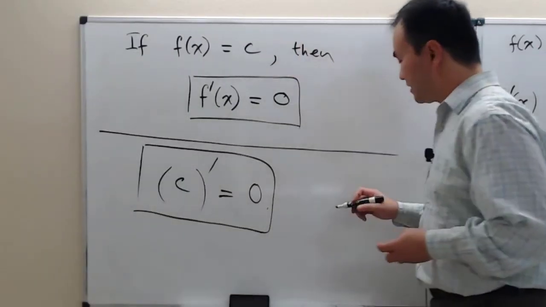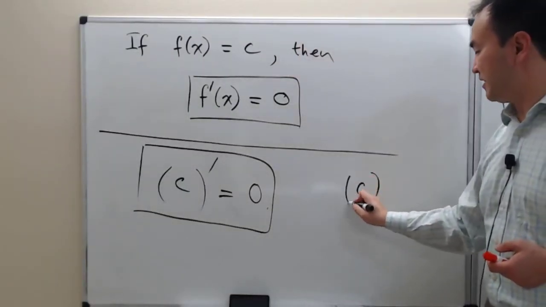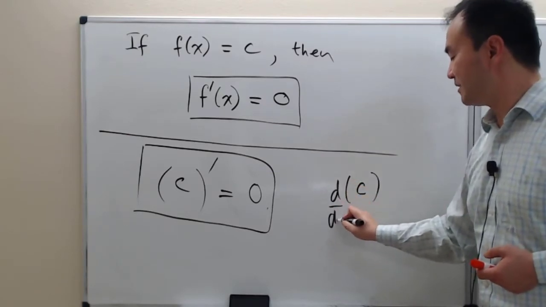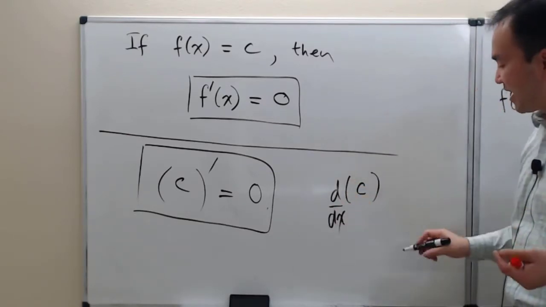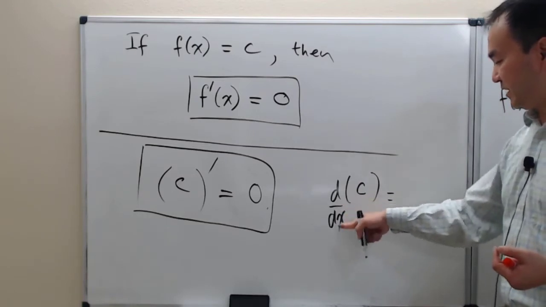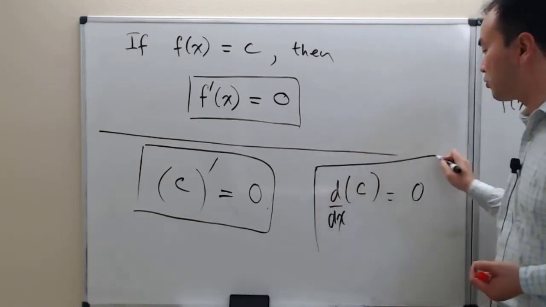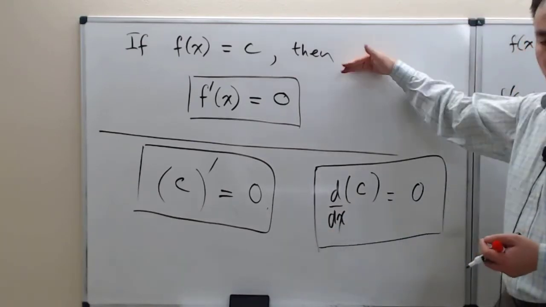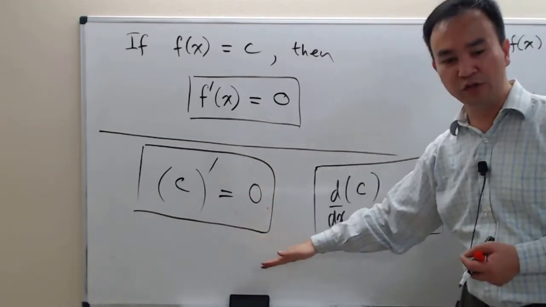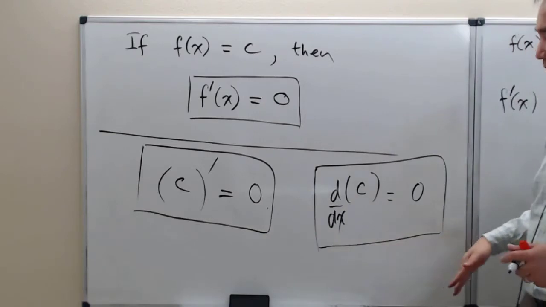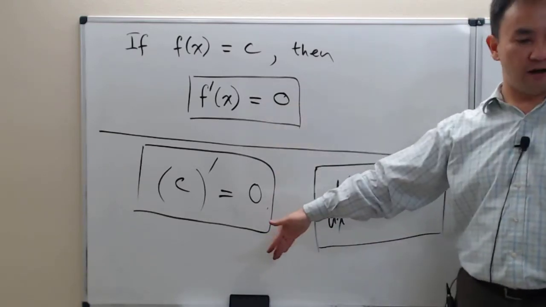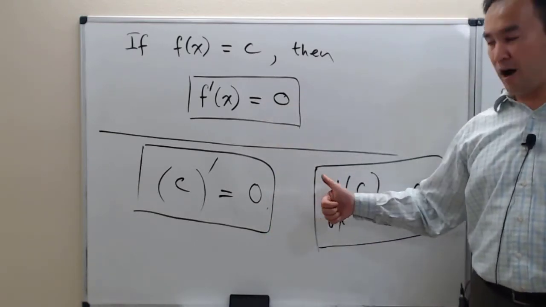Another way of seeing this, you have a constant and you take the derivative with respect to x. It's a different way of writing it: the derivative with respect to x of the constant c is 0. These are all 3 different ways. The long worded way, and these are the 2 short symbolic ways of expressing, but in the end, this is the rule about the derivative of a constant.